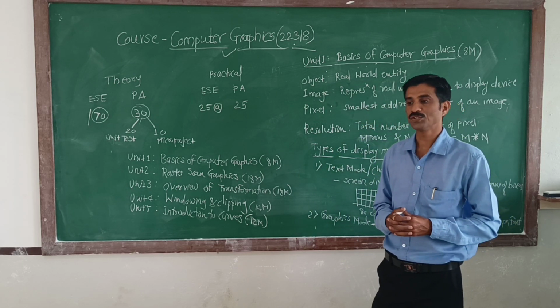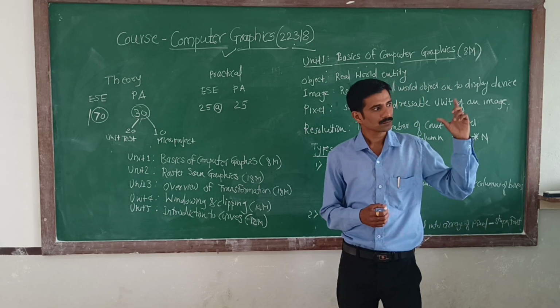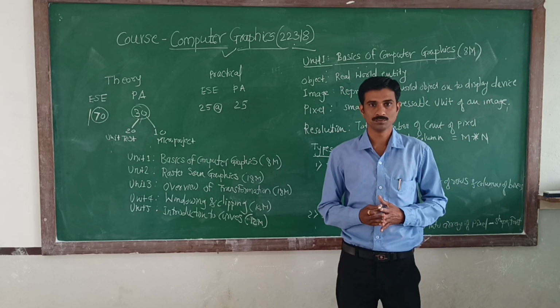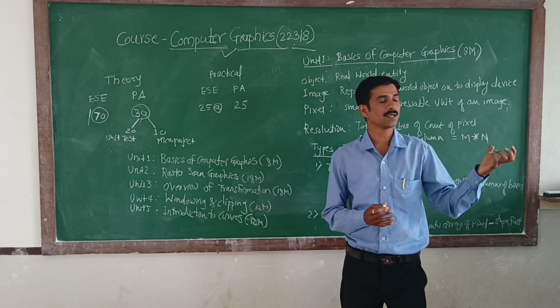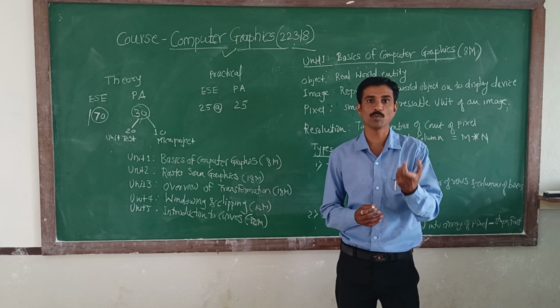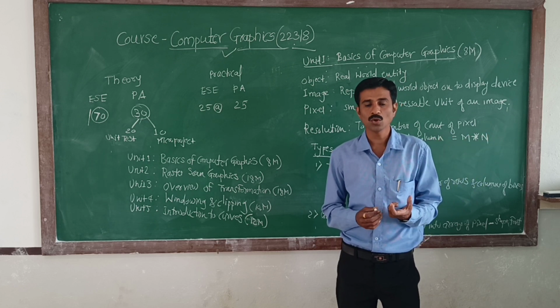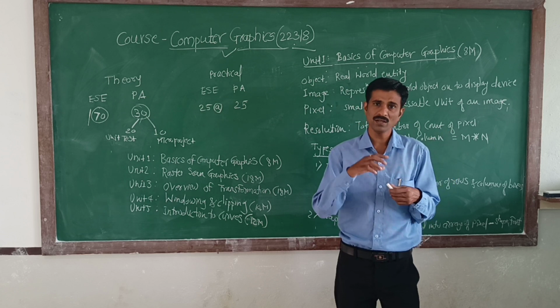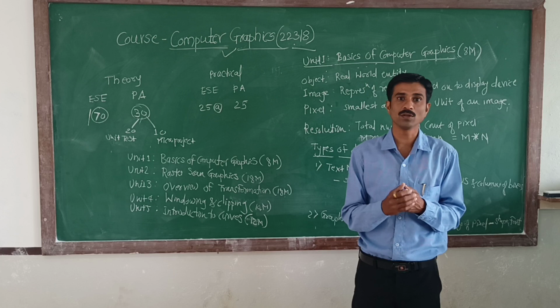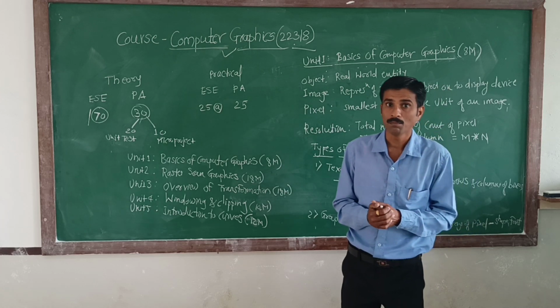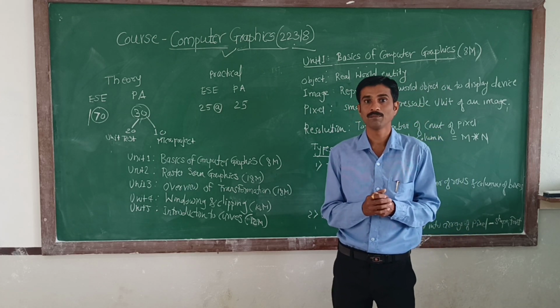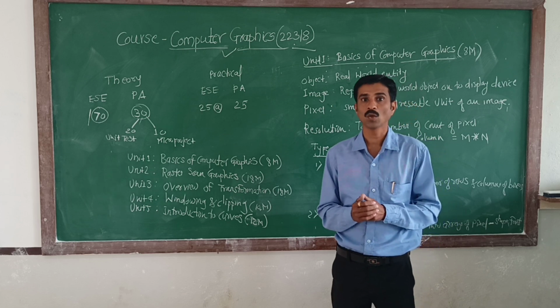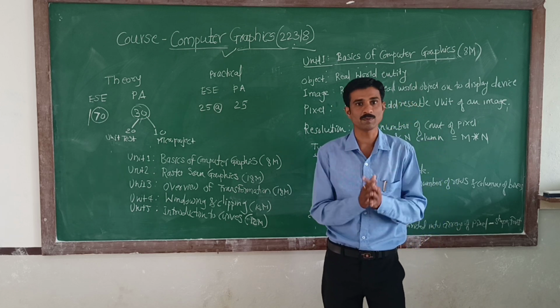Right? Whatever we see, a mountain, a flower, a mobile, a notebook, a pen, these are real world entities, but when displayed on any display device, for example mobile, camera, or a computer, these are the display devices.